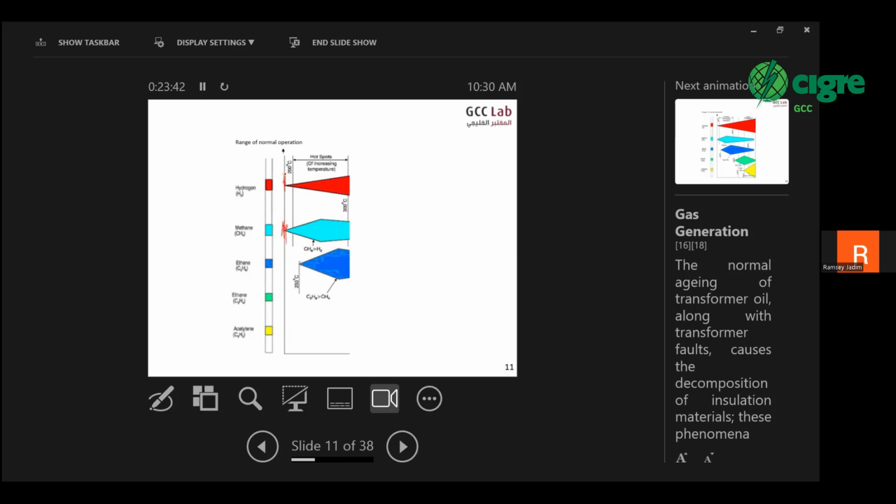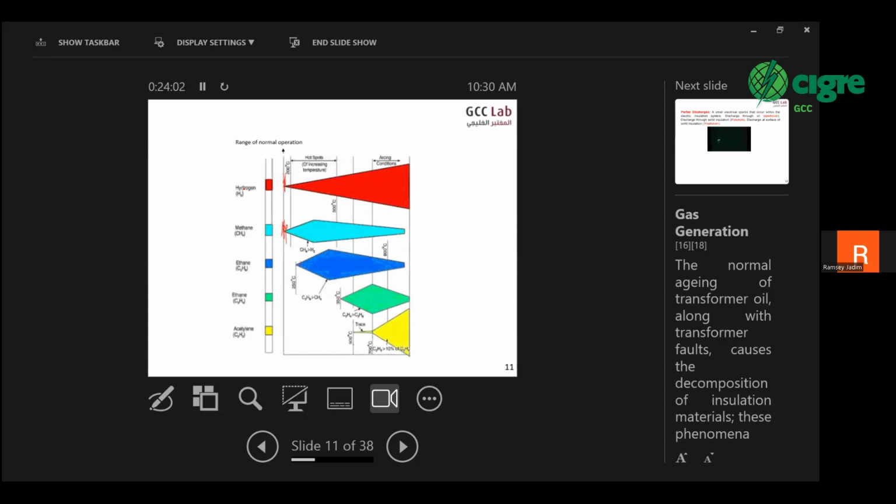So the value of each indicates a problem, that the temperature is very high at some level. And at 300 the others come. At 350 the ethene starts, and then acetylene, shown in yellow, and hydrogen.